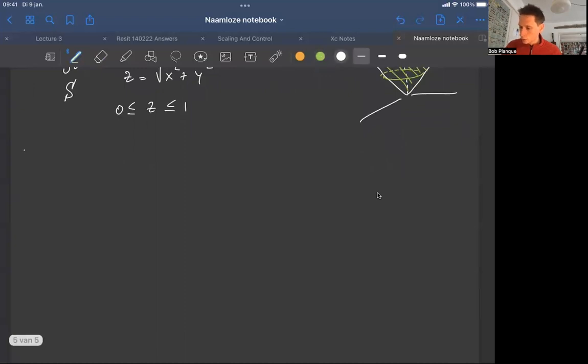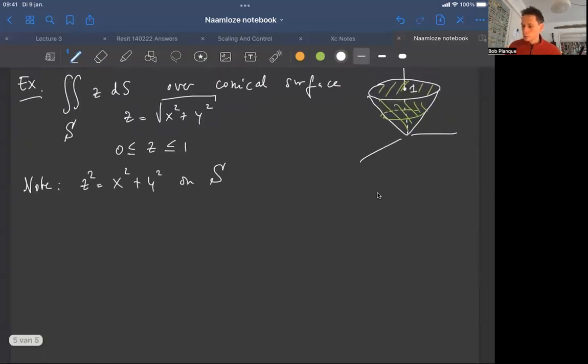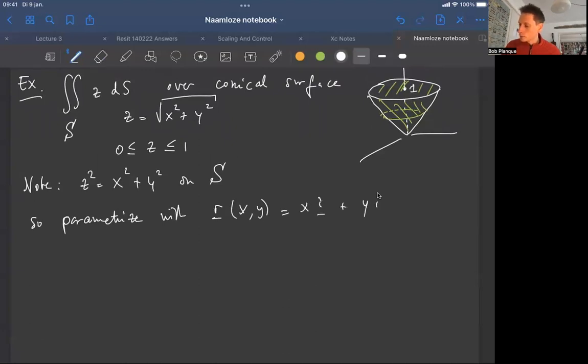So note that z squared is equal to x squared plus y squared on S by simply squaring the equation that I have. And so that allows me to parameterize it with r of x and y equals x times i plus y times j plus the square root of x squared plus y squared times k.